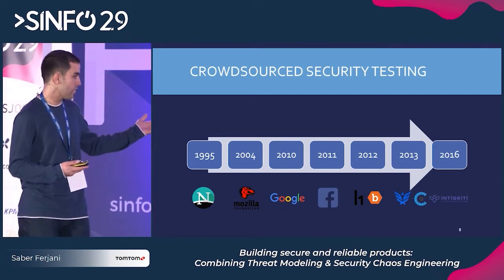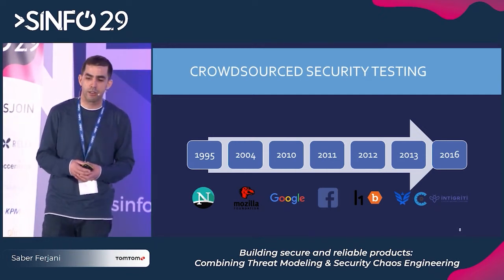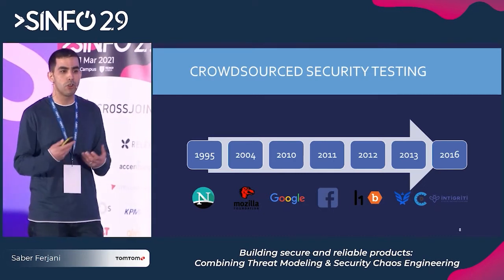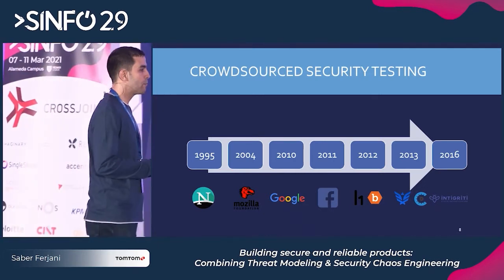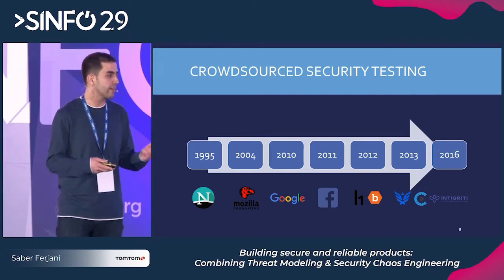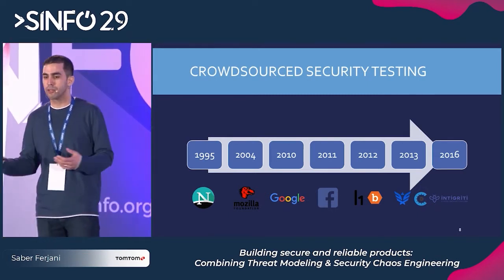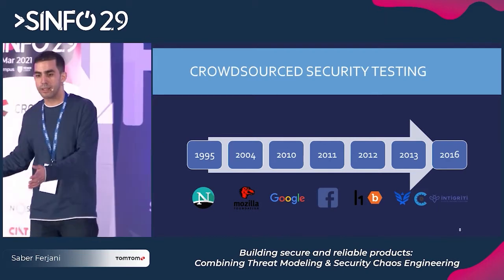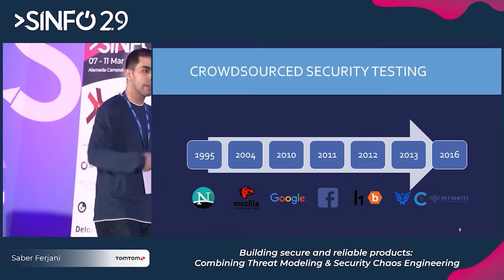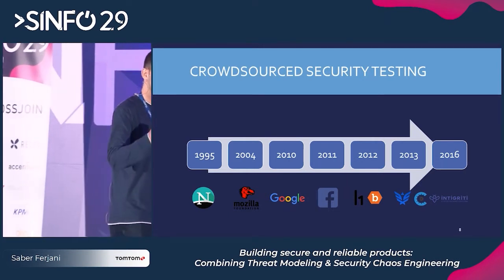This was also adopted by the Mozilla Foundation in 2004, but also by bigger corporations like Google and Facebook, which opened the door for platforms like HackerOne, Bugcrowd, Synack, Cobalt, and Intigriti to do some kind of matchmaking, bringing together a crowdsourced set of the best attackers all around the globe, and giving them specific assets with specific rules.